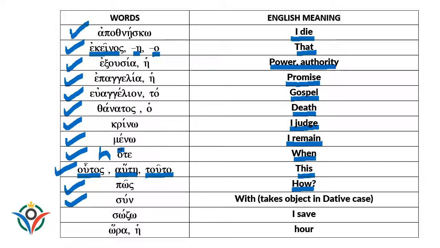Next we have sun, which is a preposition with, and it takes its object in the dative case. All right, so pay attention to the case in which the object is found. Second to last, we have sozo, which is the verb I save. And then finally, we have hora, which is hour.